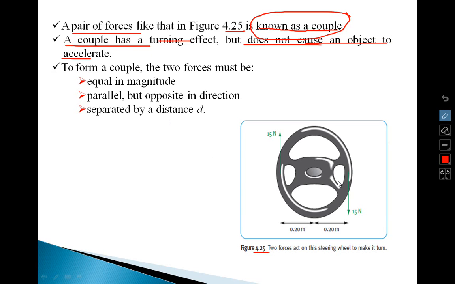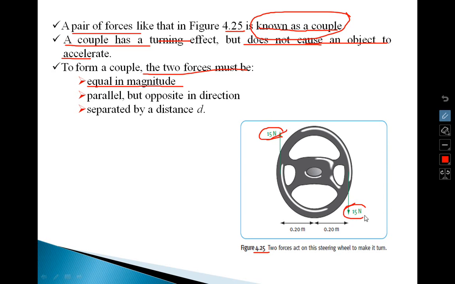So to form a special case like this, the two forces must meet 3 conditions. Those forces here, this force and another force here, must meet 3 conditions. So to form a couple, the two forces must be, first, equal in magnitude.